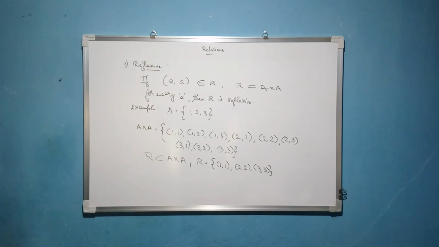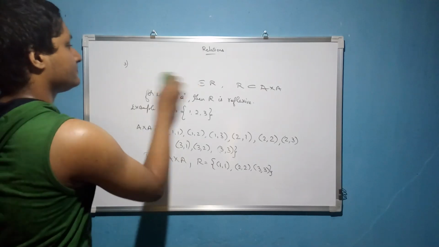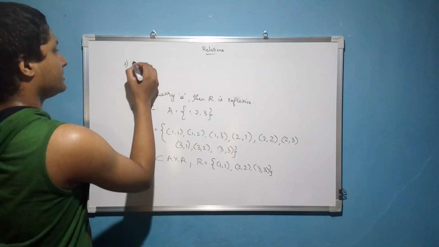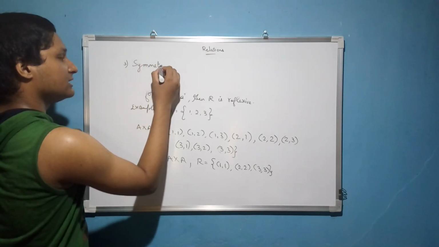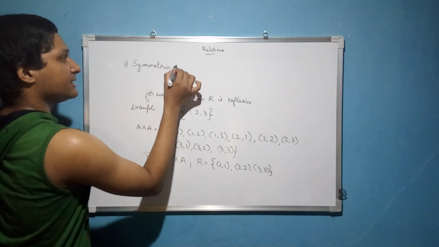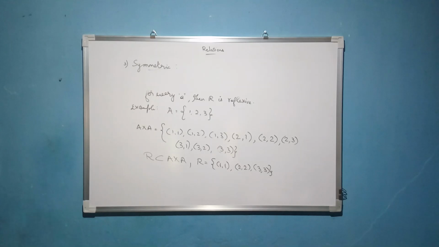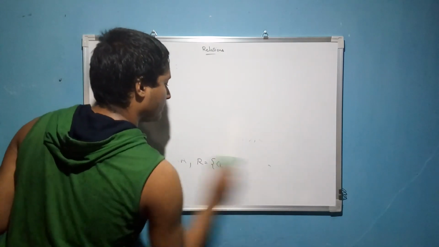The fourth type of relation is called the symmetric relation. The name suggests that there is some symmetry. Symmetry means almost a similarity. So what could be the definition of that?